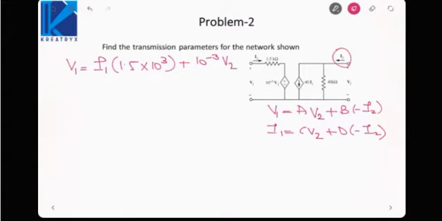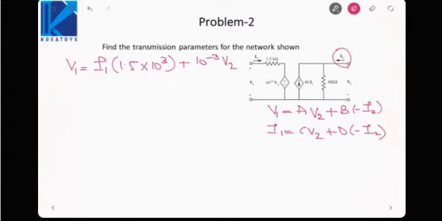Now, if we simplify this equation, V1 will come out to be minus 6.25 into 10 raised power minus 5 V2 minus 37.5 I2. So this is my parameter B, this is the parameter A.